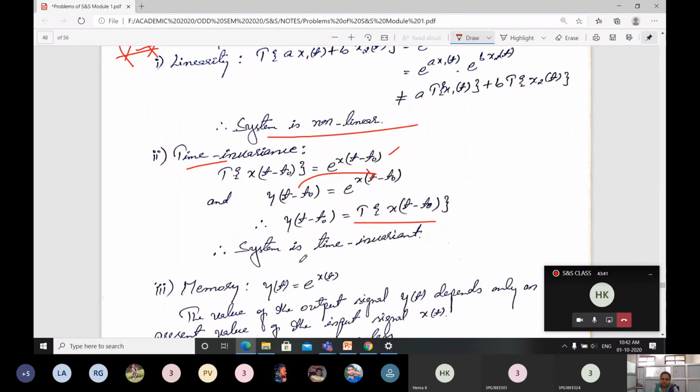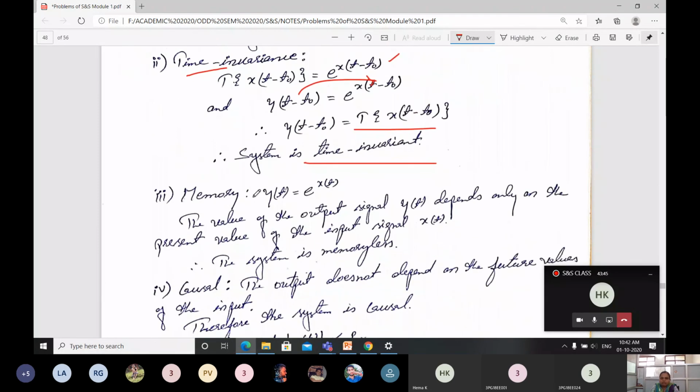Therefore the system is time invariant. What about the memory? The value of the output signal y of t depends on, if I substitute t as 0, e power x of 0 I will get. If I substitute 1, again I will get the value at 1 only. It depends only on the present value of the input signal x of t. So you can write that the system is memoryless.